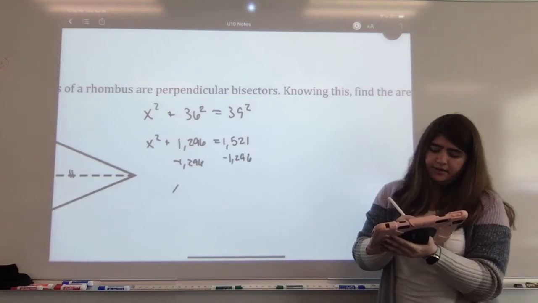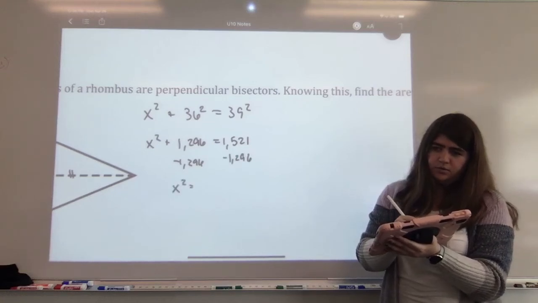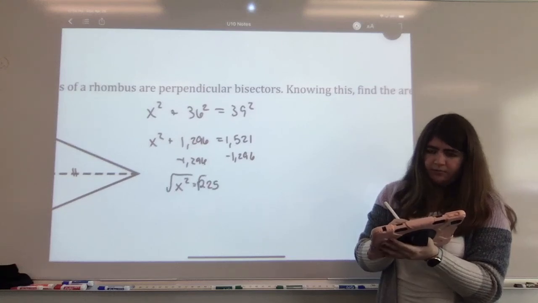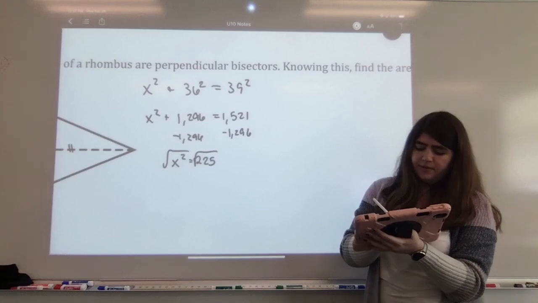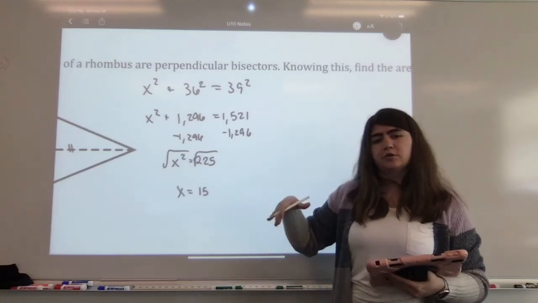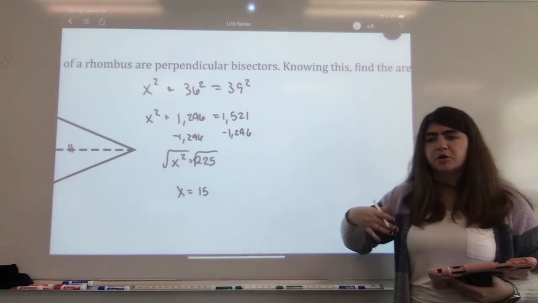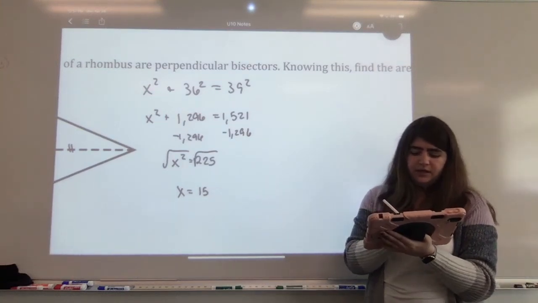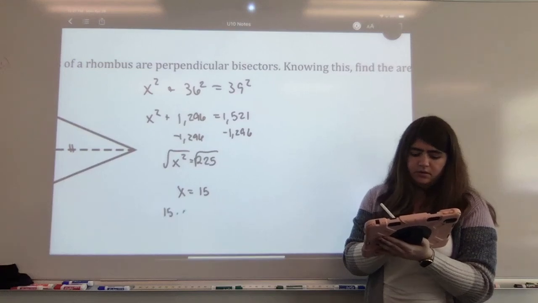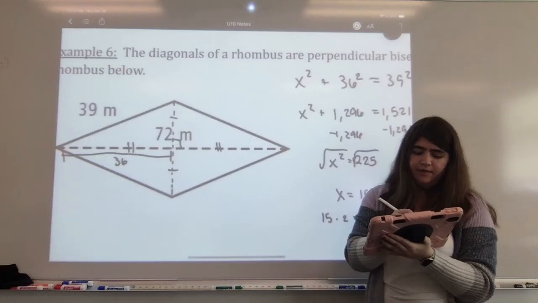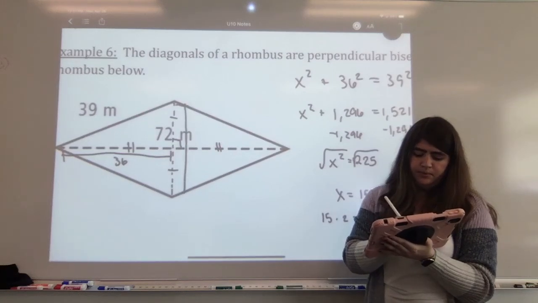In doing so, that leaves me with x squared is equal to 225. We're going to take the square root of both sides, and that leaves me with x is equal to 15. Now that I know halfway across, I know the full length because I can multiply that by 2 to get my full distance. So 15 times 2 is equal to 30, and that is the length of this whole piece.